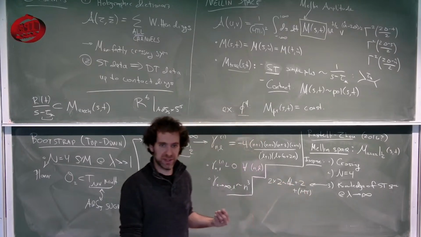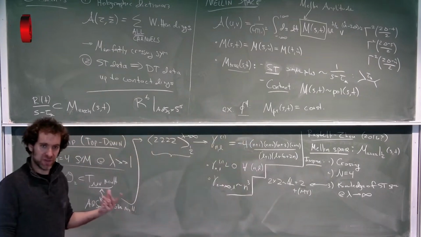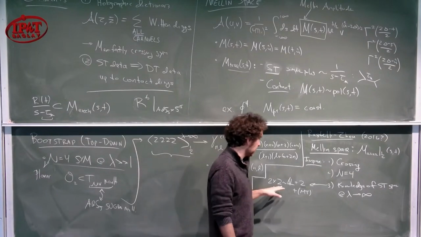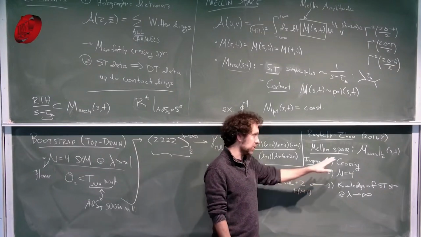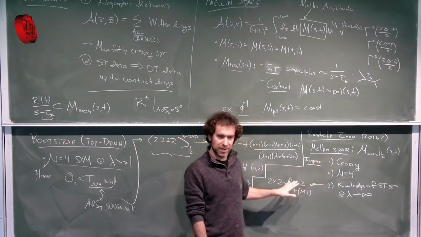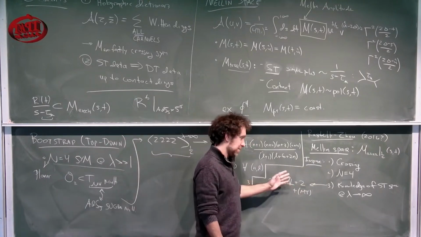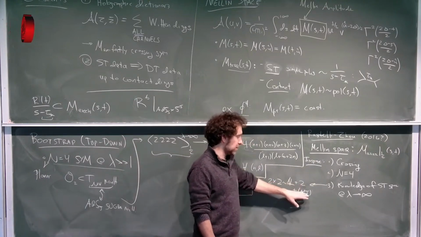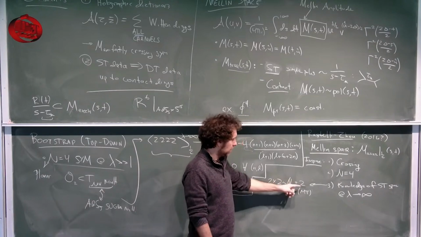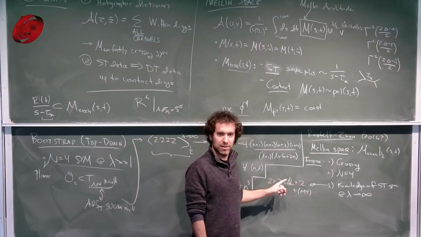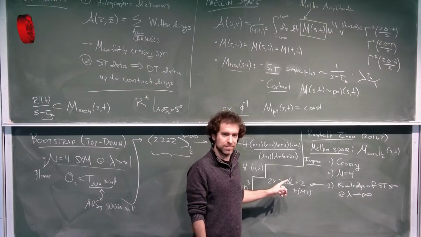The OPE coefficient is fixed and known because they're half BPS. There's a non-renormalization theorem for half BPS three-point functions in N equals 4 super Yang-Mills. So even though you're at large lambda, you know this coefficient. It's lambda independent. And so then you know the identity. That's trivial. You know this piece. And the rest is just multi-traces. But that means you know just about enough to write down your Mellin amplitude at tree level in this regime of large lambda.